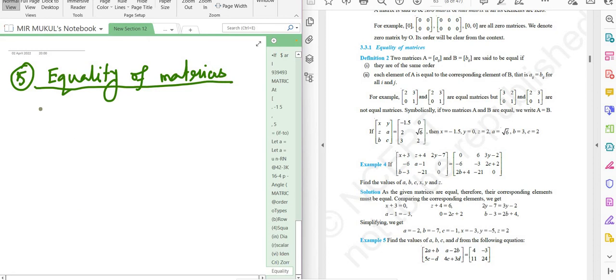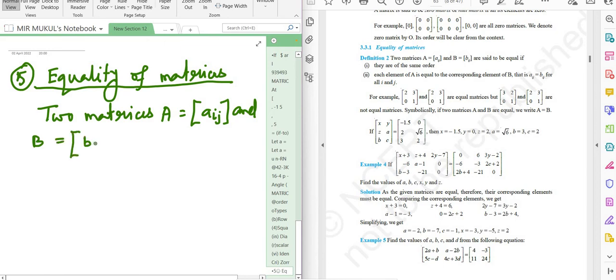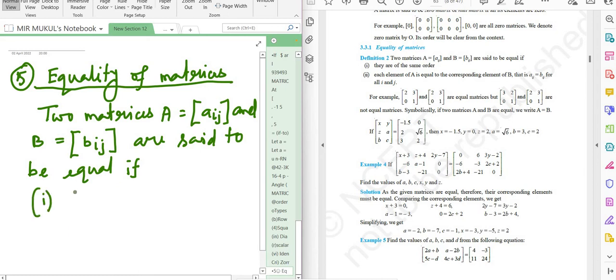Two matrices A equals Aij and B equals Bij are said to be equal if, number 1, they are of the same order, and number 2, corresponding elements are equal.